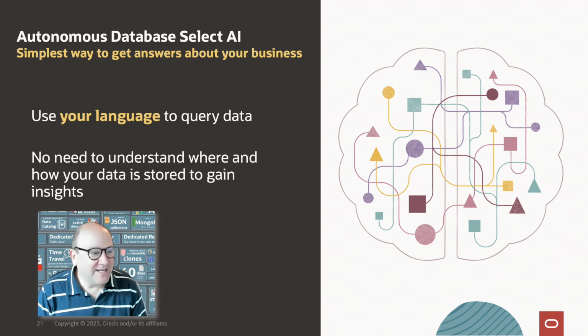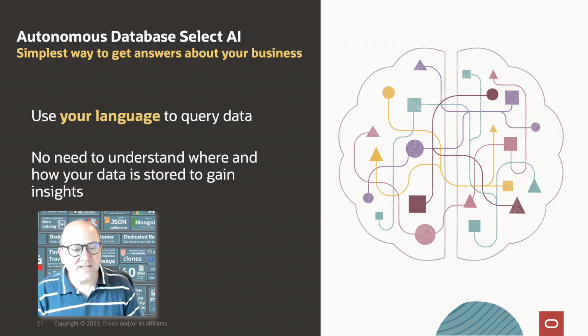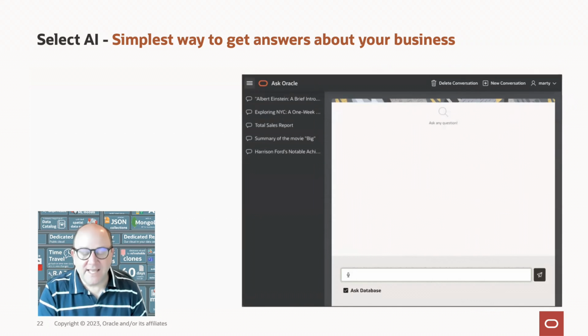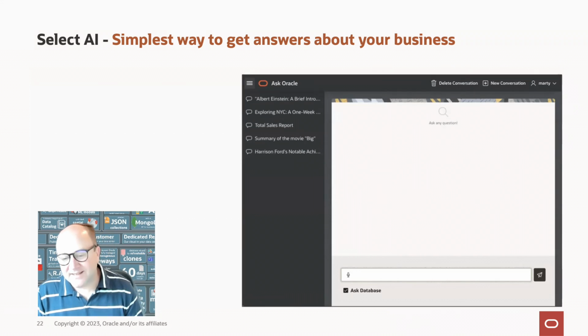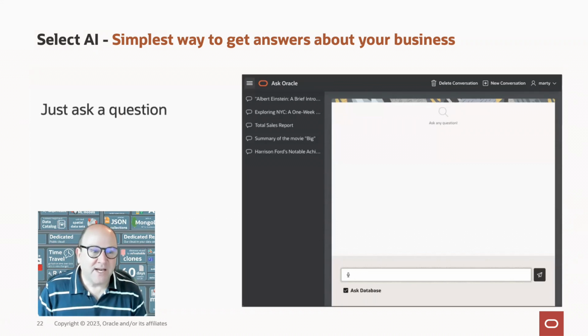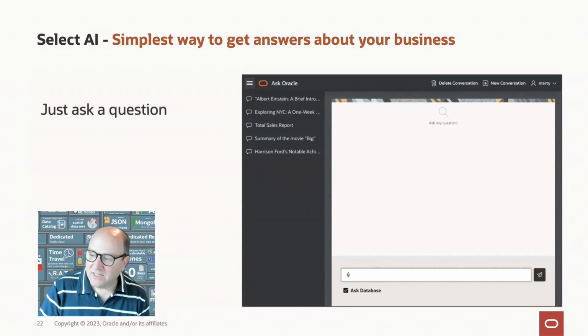The magic and the beauty of it is that you don't need to know where the data is stored, how it is stored, or how to combine tables. You just ask a question. It truly is the simplest way to get answers about your business. And what we've done is create an Apex app, and this is all downloadable through Live Labs.